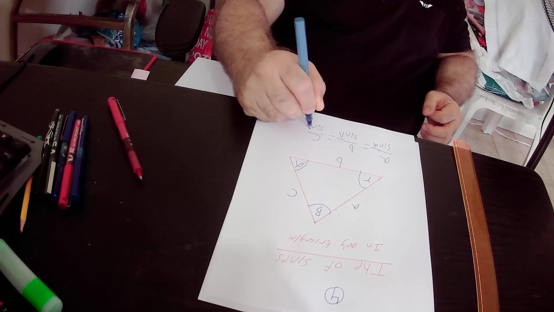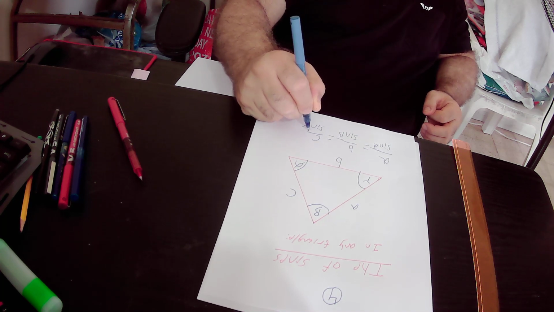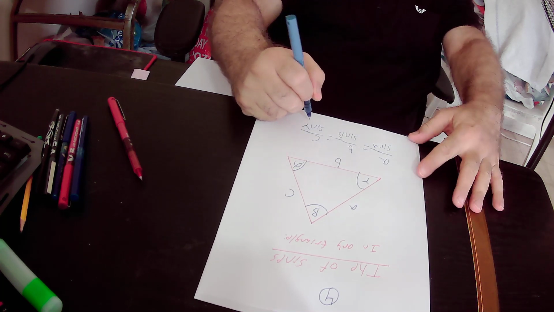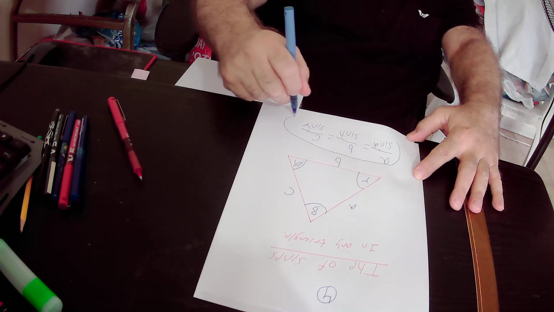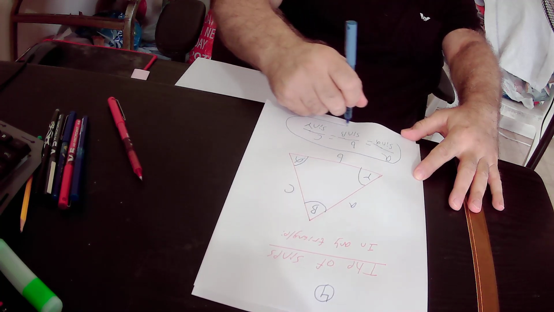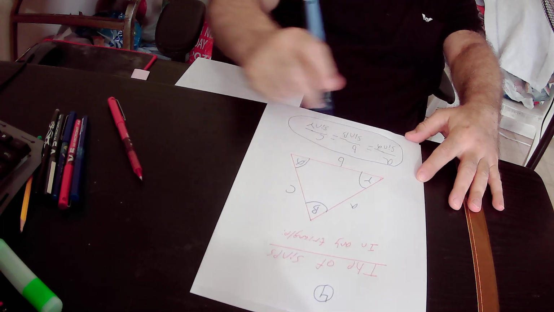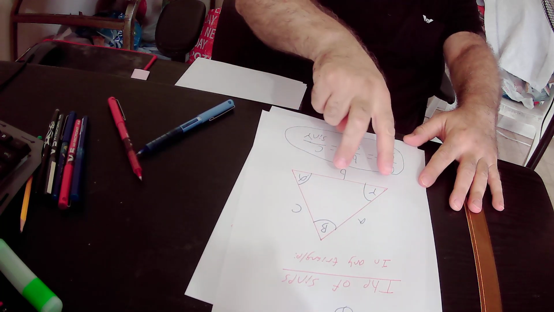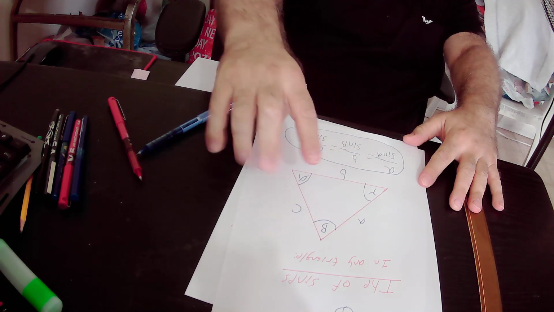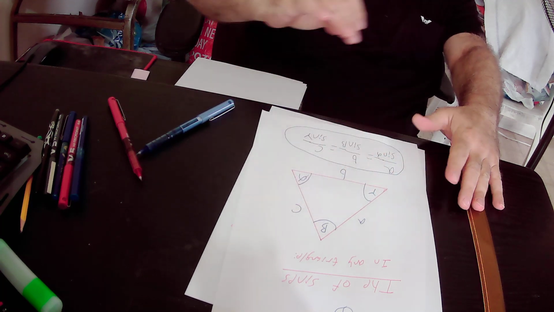And it is true in any triangle. Again, A over sine alpha equals B over sine beta equals C over sine gamma.